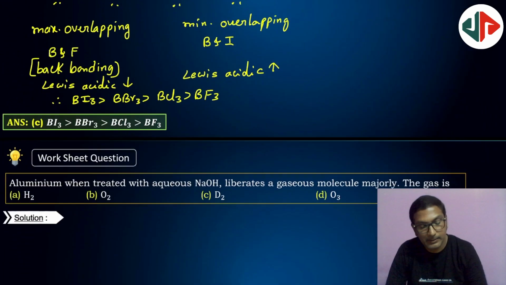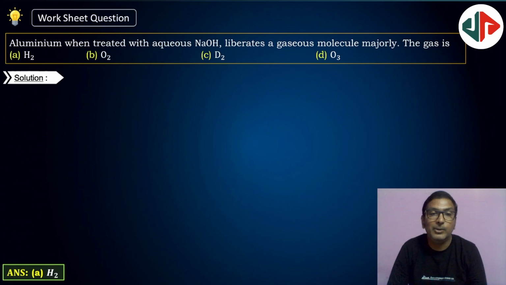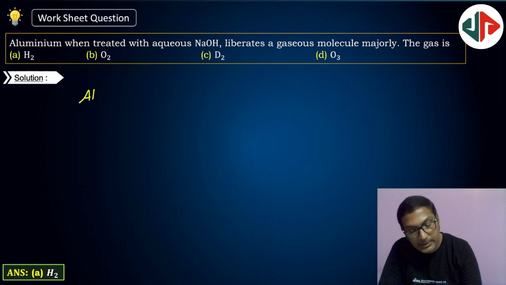Next, important. Aluminium when reacted with aqueous NaOH liberates a gaseous molecule. Majorly the gas is... Here, aluminium reacts with aqueous NaOH: Al + NaOH + H2O.